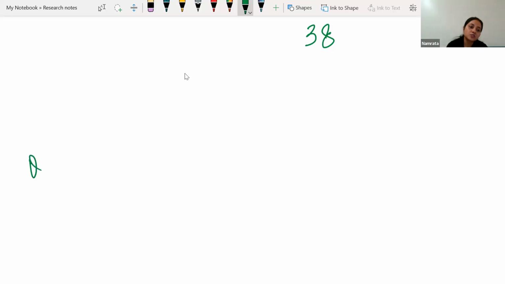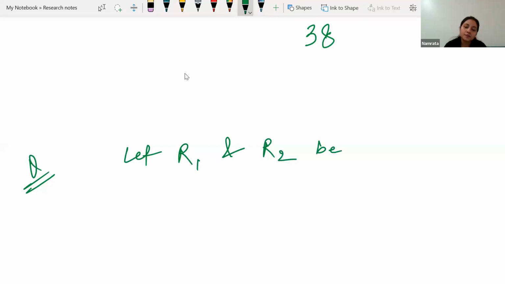Okay, so the first question from relation is, let R1 and R2 be two relations defined as follows.